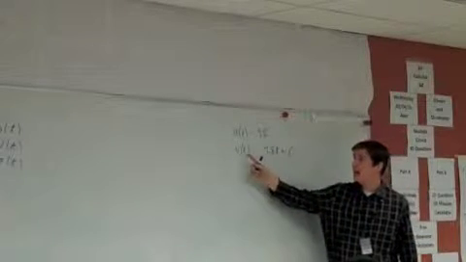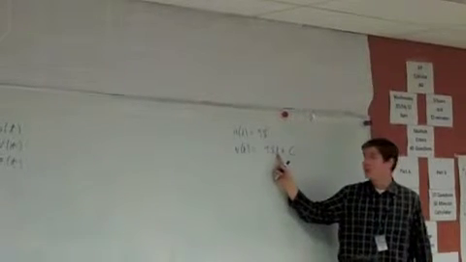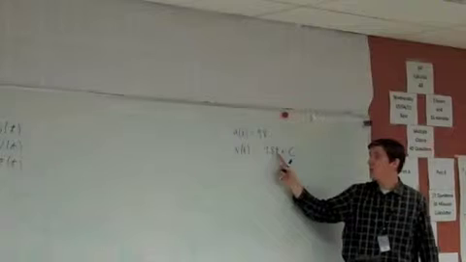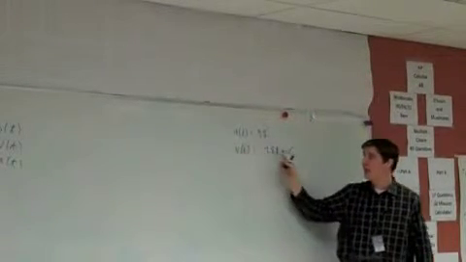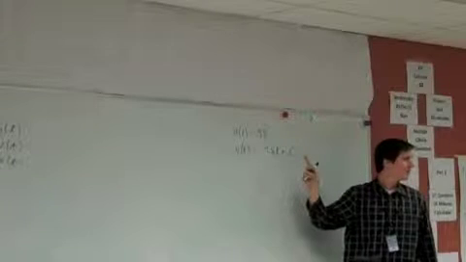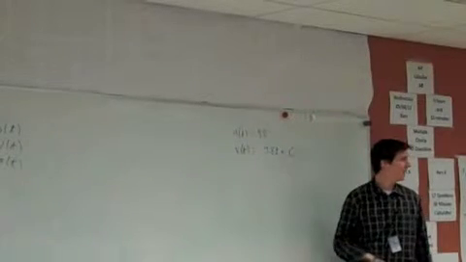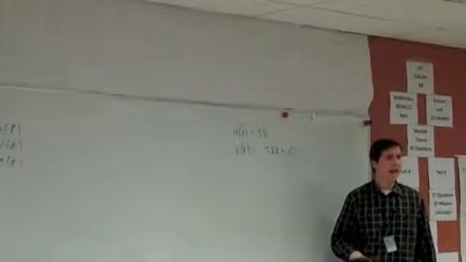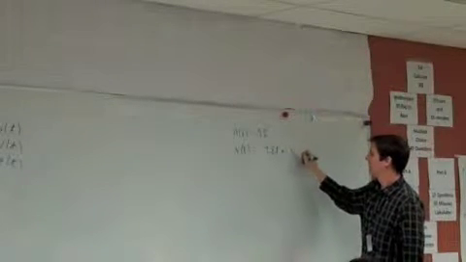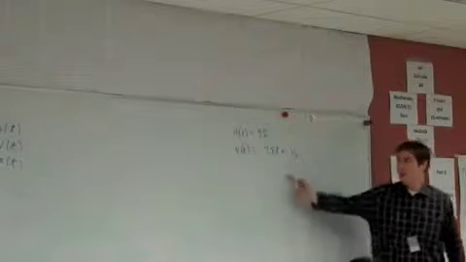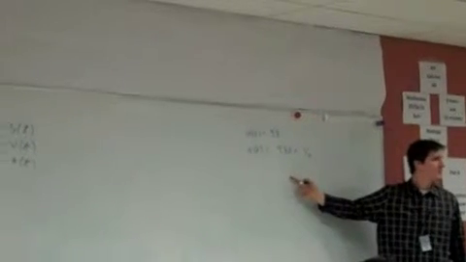If I said t equal to 0, then v of 0 would equal 0 plus c. So v of 0 would equal c. Well, what is that? Your initial velocity. Initial velocity is your velocity at time 0. And we write that like this. Do we recognize this equation at all?